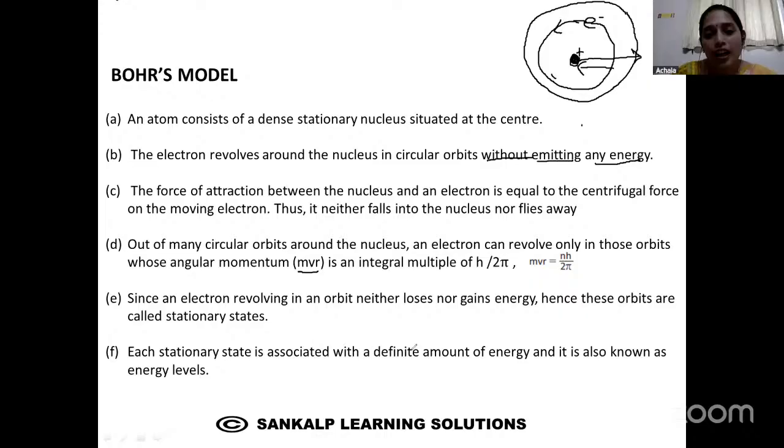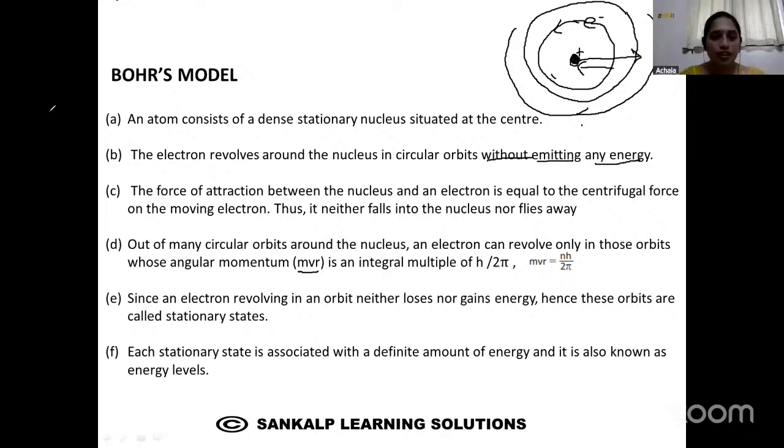Each stationary state is associated with a definite amount of energy and is also known as an energy level. These stationary states are also called energy levels: first energy level, second energy level. If another orbit is present, it is called the third energy level, like that. So these are the statements of Bohr's atomic model.